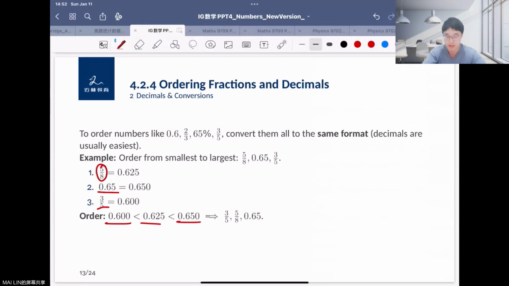If you have fraction numbers like 5 over 8, 0.65 and 3 over 5, you can first translate them into this order. For 5 over 8, the decimal is 0.625, and 0.65 is here. And for 3 over 5, you can write it down as 0.6. So you can compare between different decimal places.